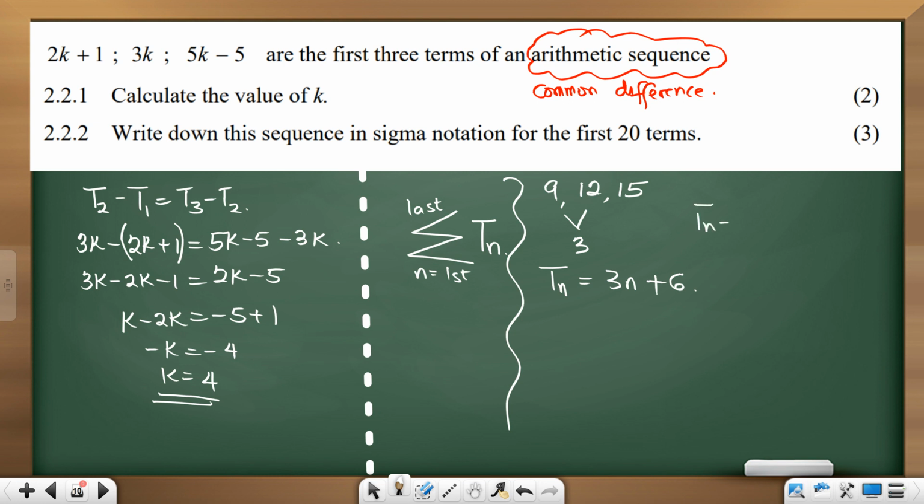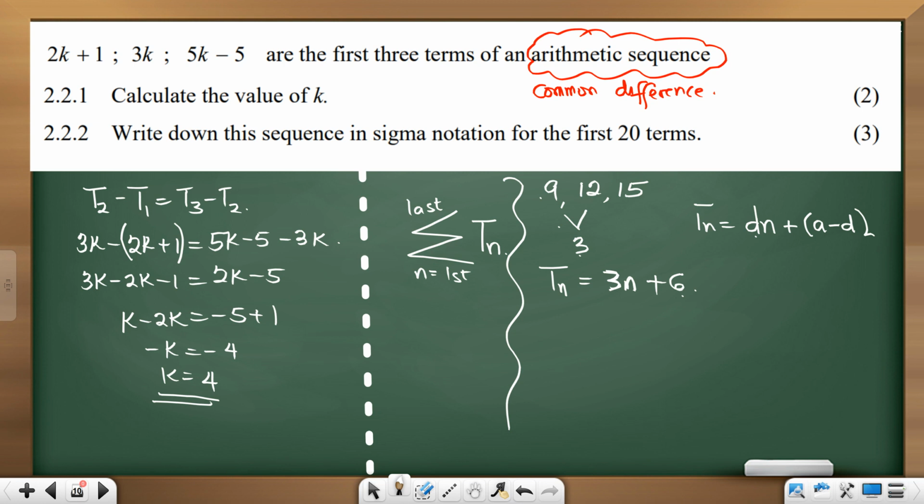Your Tn is dn plus a minus d. What's my difference? 3. That's my 3, n. Then I say a minus d. You see, it's when we start doing Tn equals a plus, now we must move.